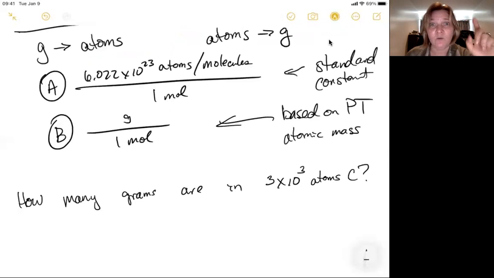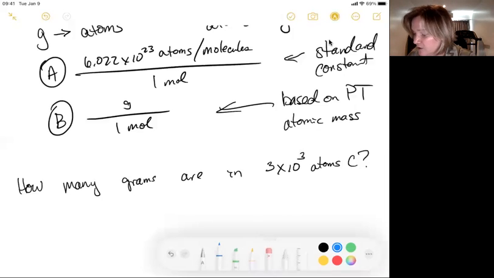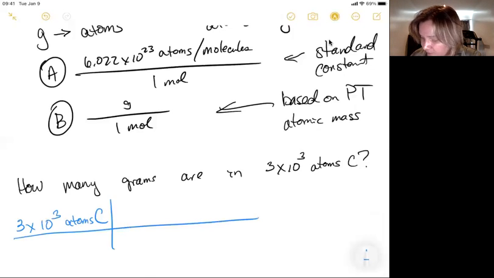This is why I want you to set up the problem the way I've told you to, because you need to see where you're starting and the pathway you need to get to. The first thing you do is write down the data I give you, 3 times 10 to the power 3 atoms of carbon, leave room for your conversion factors, and the unit I'm asked to find is grams of carbon.